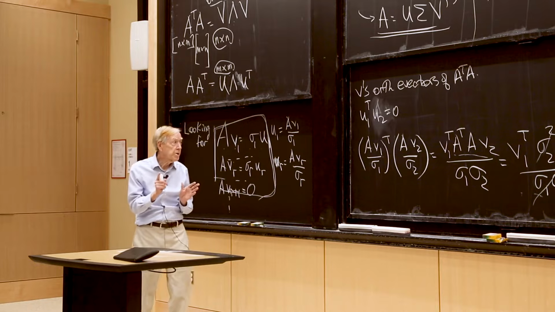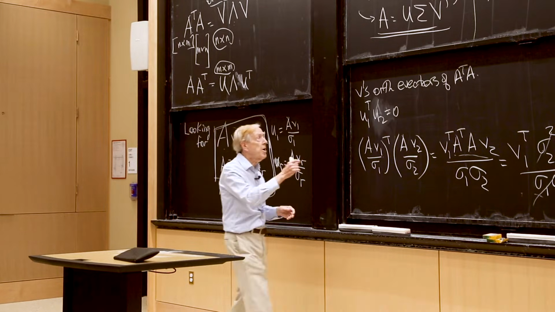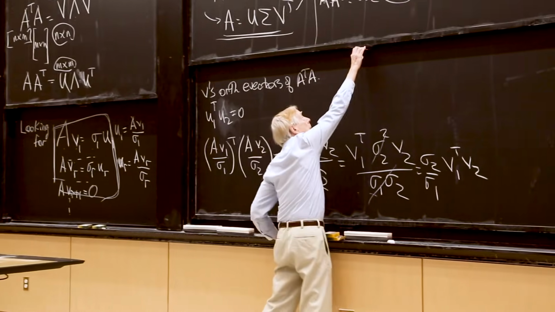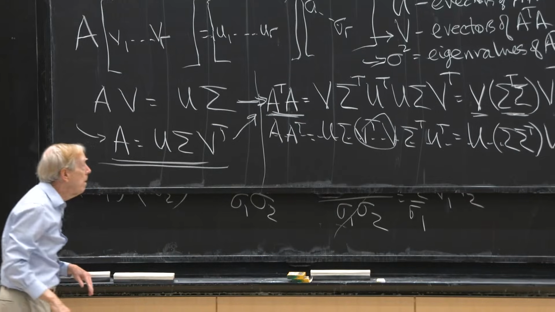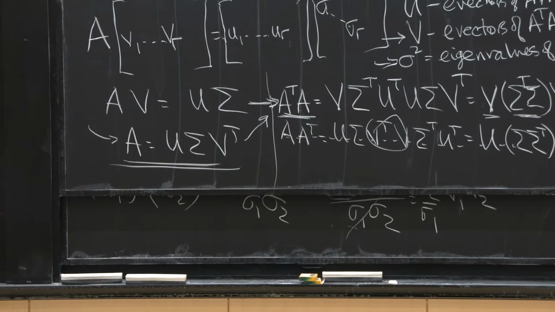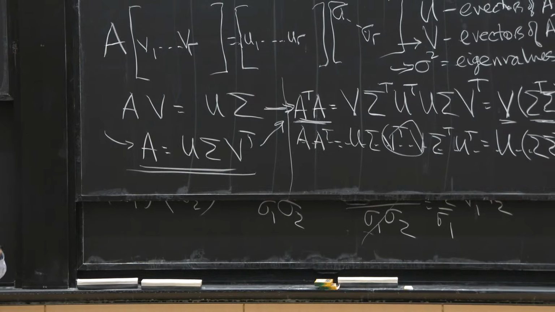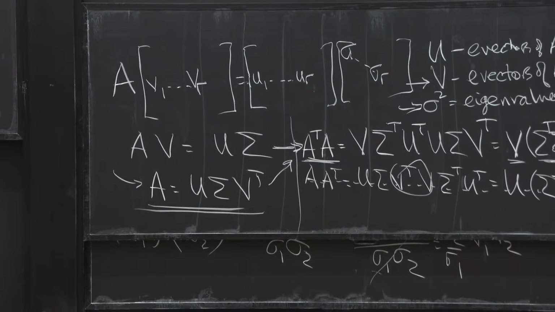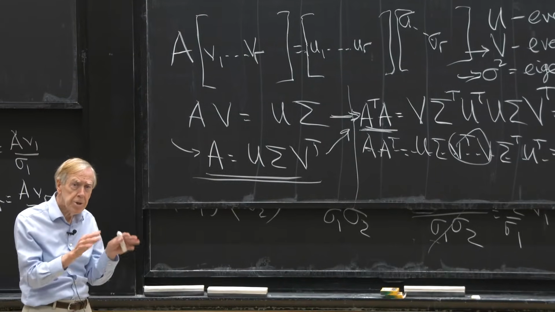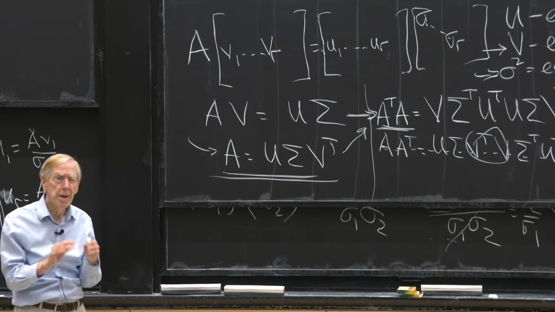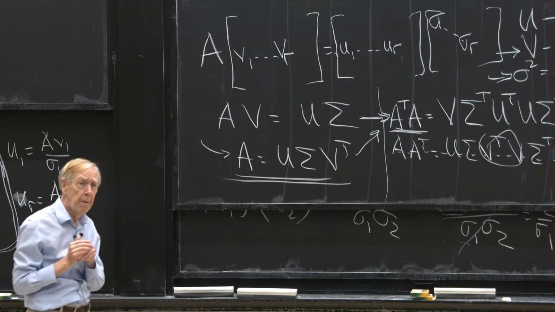What I most want to say is you would not go this A transpose A route. Why is it a big mistake if you have a matrix A, say 5,000 by 10,000? Why is it a mistake to actually use A transpose A in the computation? We used it heavily in the proof.